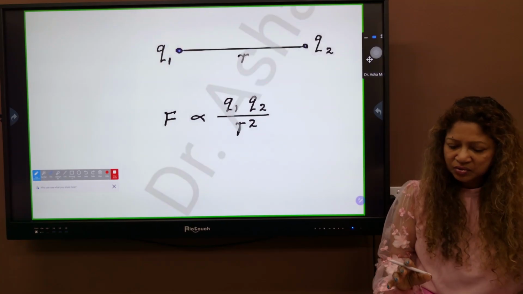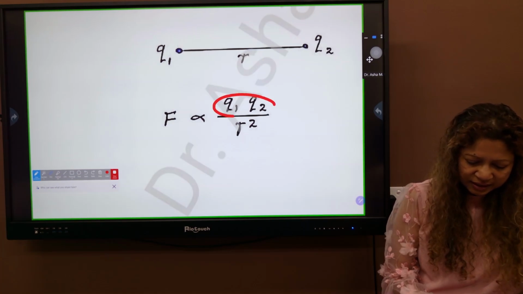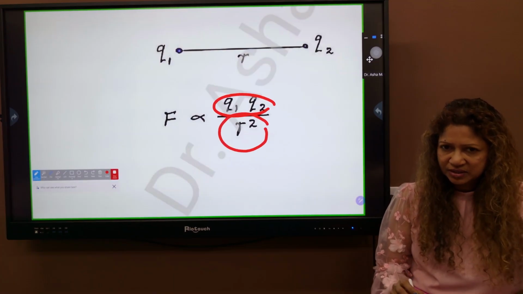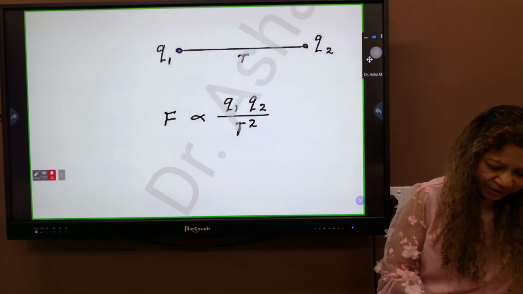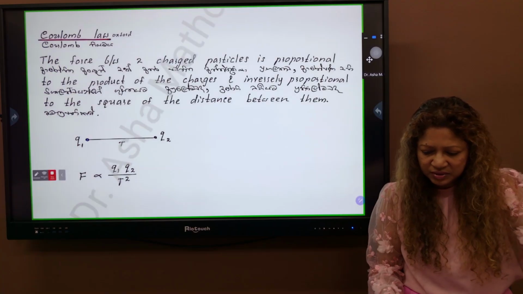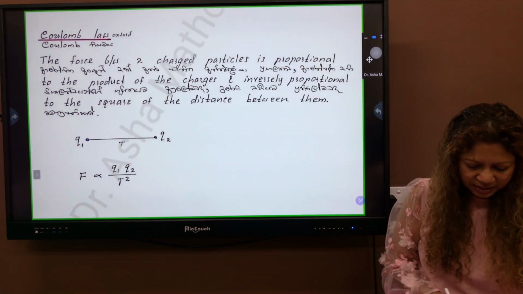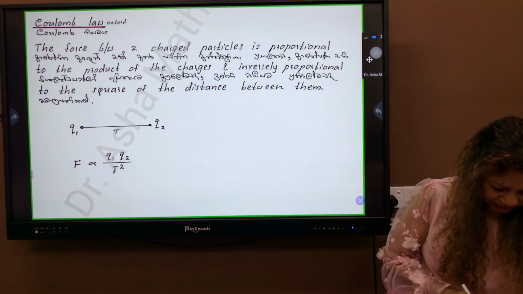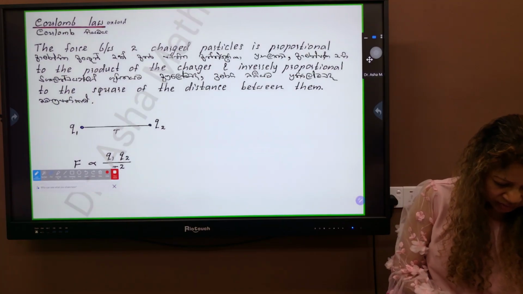You already know that when the charge is greater, interaction is greater. When radius is smaller, interaction is greater. So this is Coulomb's law. Let me explain Coulomb's law again. Coulomb's law means the force between 2 charged particles, whatever it is, electron, proton or whatsoever.